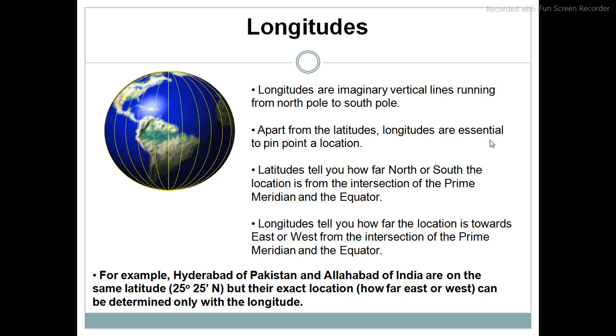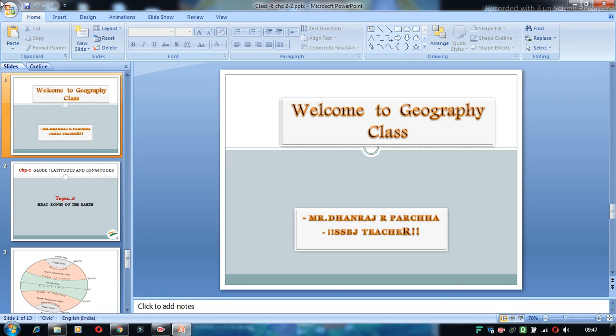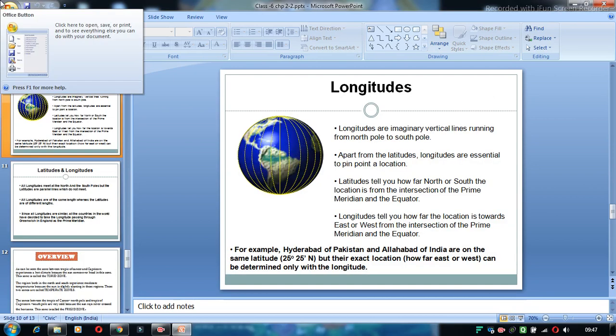All the cadets are requested to observe it. Now we are going to have an explanation on latitude and longitude both, right? As you are observing here, all the longitudes meet, right? So all the longitudes, where are they meeting?